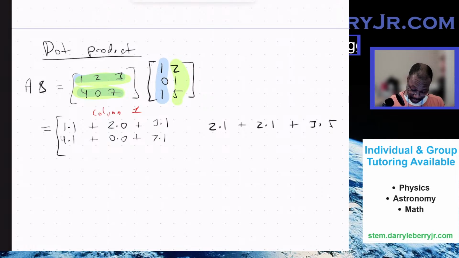Then it'll be 4 times 2 plus 0 times 1 plus 7 times 5. Let me make sure I didn't miss anything. So that is our column 2.